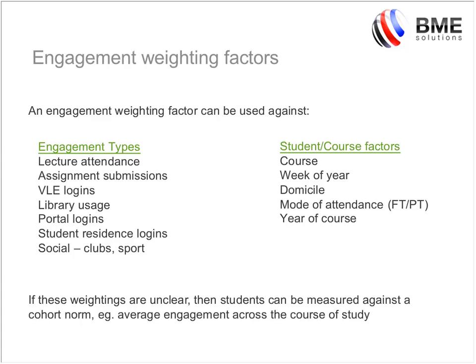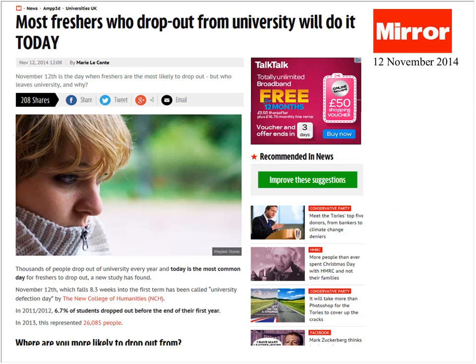Or how important is assignment submissions based on the week of the year that the student is studying on? Many of you may say, well, we don't know these weightings. Some of our customers have used prior year data to actually calculate these weightings based on students that have successfully engaged in the past.